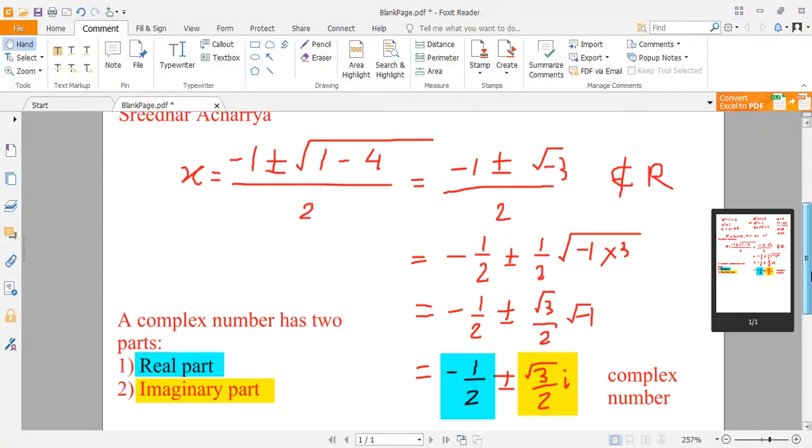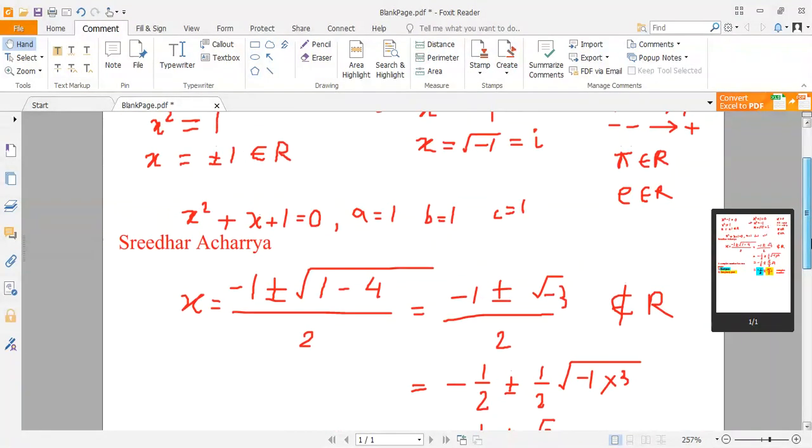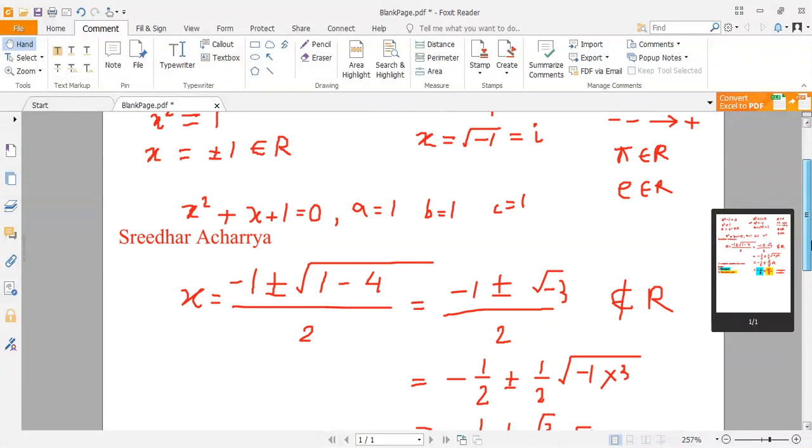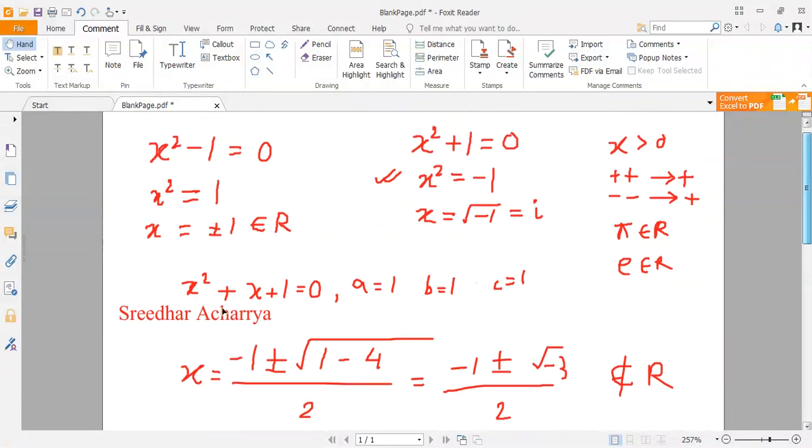Essentially, this existence of a complex number solves the dilemma of solving more complicated quadratic or polynomial equations like x square plus x plus 1 equal to 0. Up until now we would have stopped right after solving x square minus 1 equal to 0. We wouldn't have been able to solve x square plus 1 equal to 0.